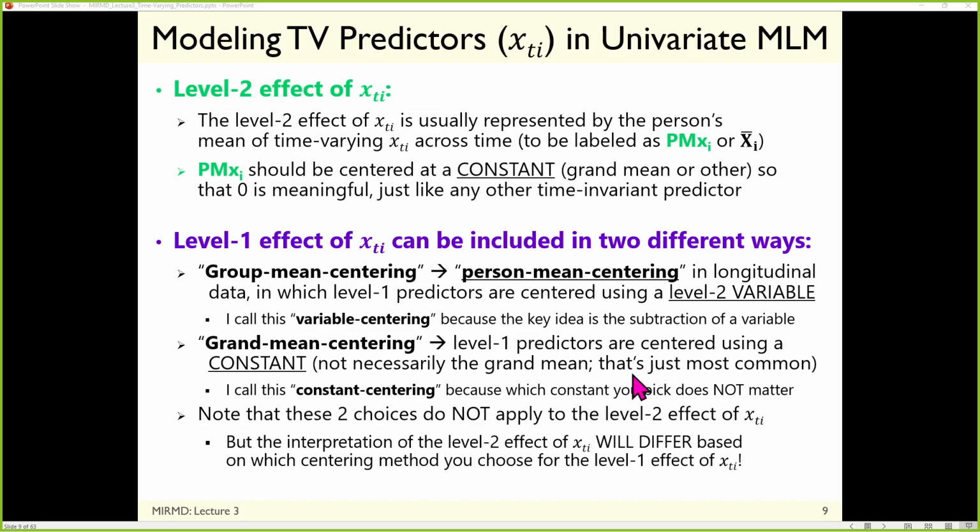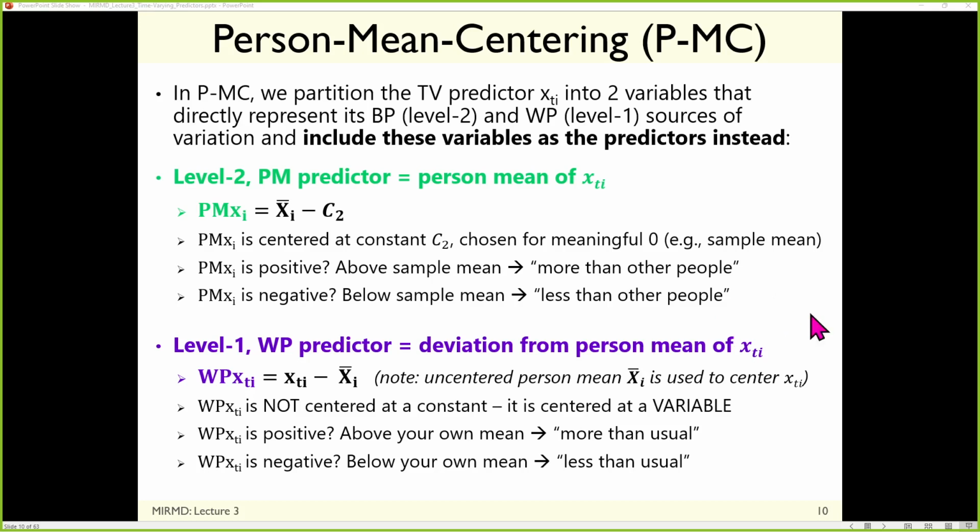And I will show you both, and I will show you why, and then we'll talk about what all of it means. So here's the first option, the one that I prefer for longitudinal data, person mean centering. So we're going to compute the person mean of x as indicated by x bar here, subtract a constant so that 0 is meaningful, don't care which one it is.